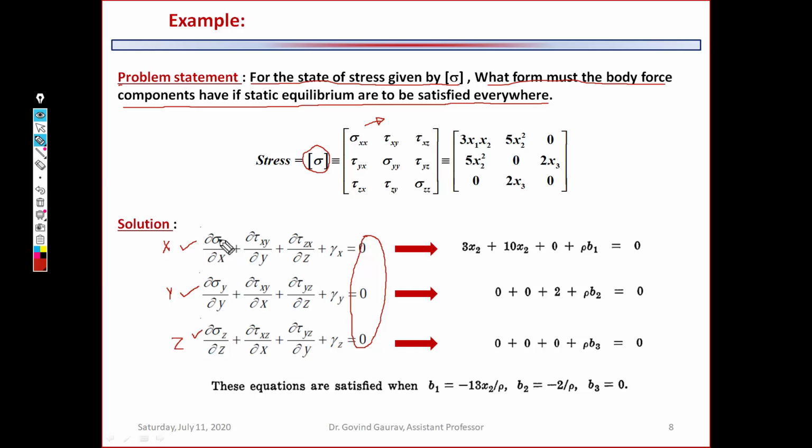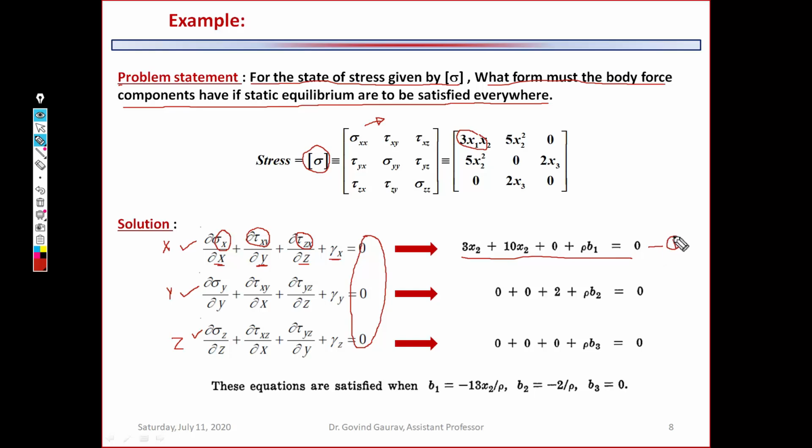Simply what we need to do is to put these values, say sigma xx, tau xy, and tau zx, in this equation, and partially differentiate with respect to x, y, and z, and this one is the body force that is acting on a small element. We will get the first equation.